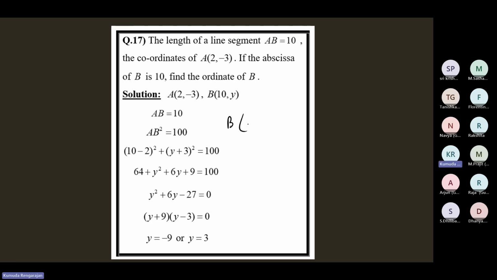So B can be 10, -9 or 10, 3. But to answer the question specifically, the ordinate of B is -9 or 3.